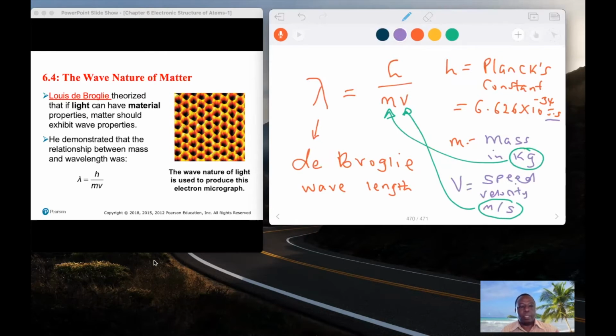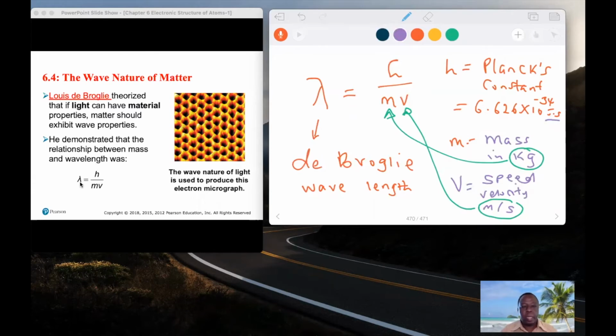So problems will be very straightforward: calculate the de Broglie wavelength. Problems on de Broglie have to do with de Broglie, otherwise it will not be open-ended. Matter is something you can see with your naked eye, so for most problems on de Broglie, it is something you can see.